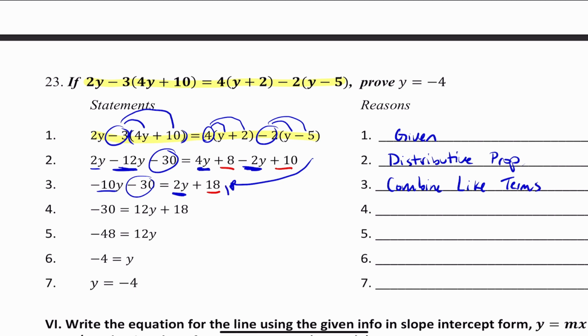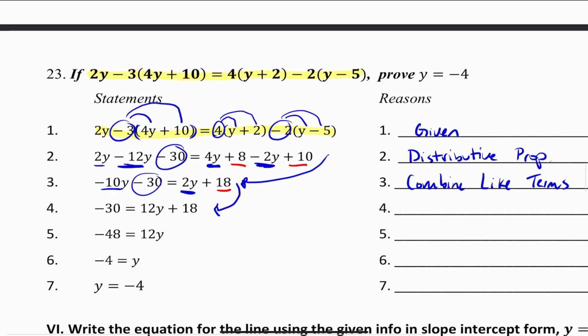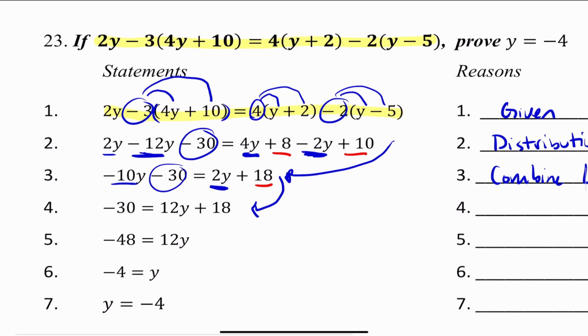Okay, moving on. What's the next step? Okay, so I can see that the negative 30 and the negative 30 are still the same on the left-hand side, but that negative 10y disappeared. So what happened there? That means that I'm going to add both sides by 10y.